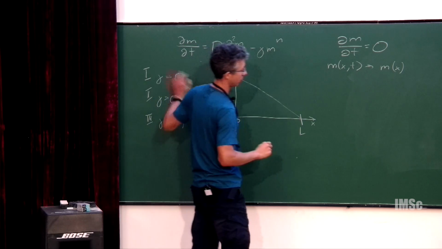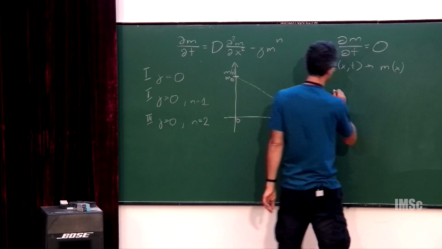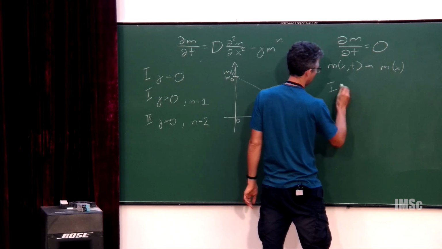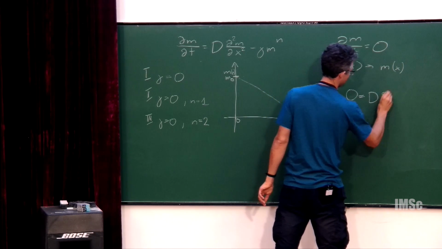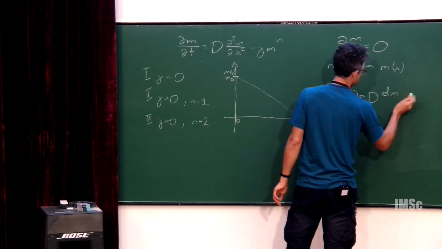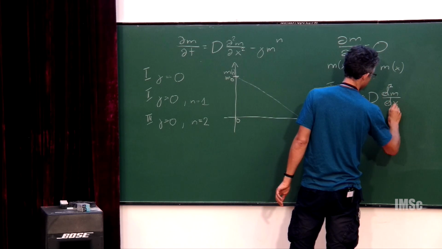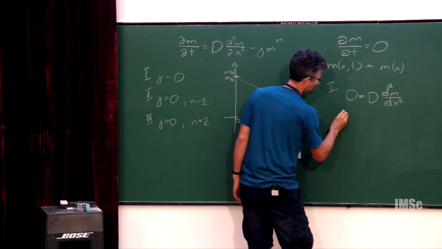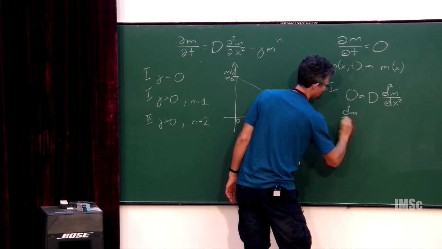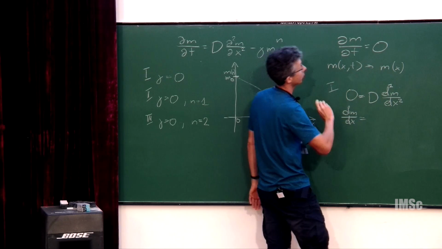So let's tackle the first case, the very simple one. What we are left with is just such an equation. And now, what's the usual strategy? You take the derivative of your morphogen profile.